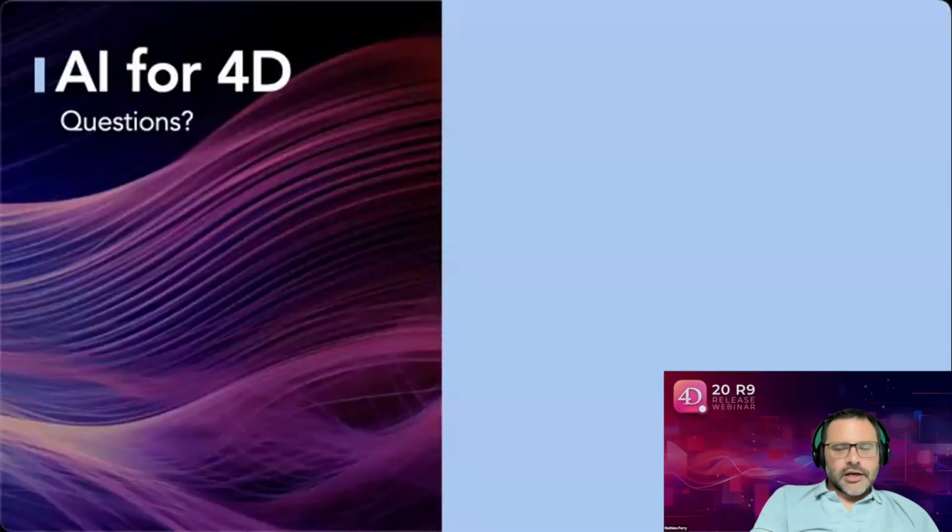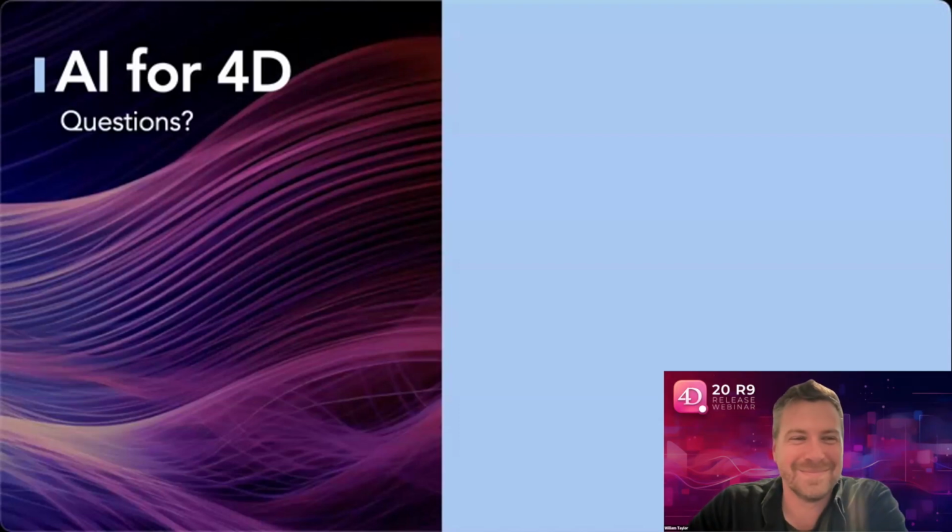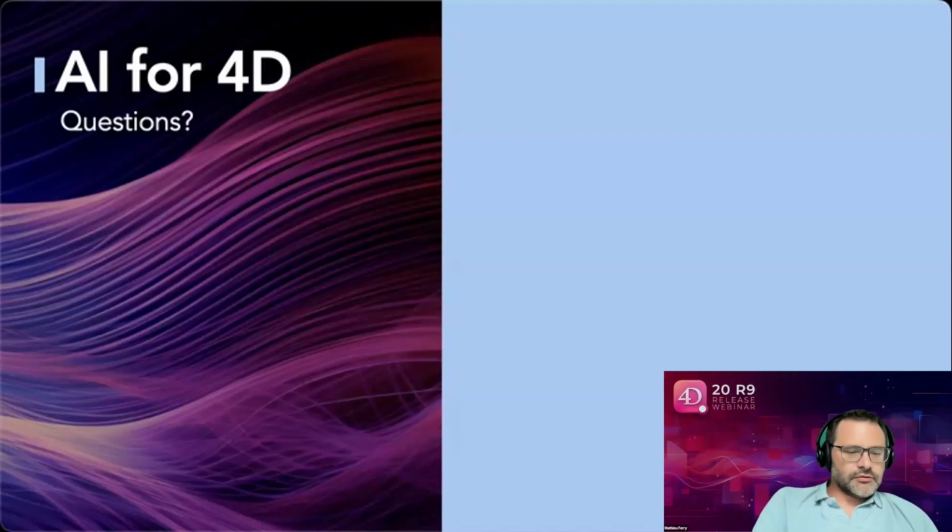Yeah, I can maybe add one last thing. Maybe I could add an exclusive piece of news for this webinar, something we didn't even disclose in the French webinar I hosted last week. In the next 4D feature release, coming mid-July, you will see the first step towards 4D vectors.